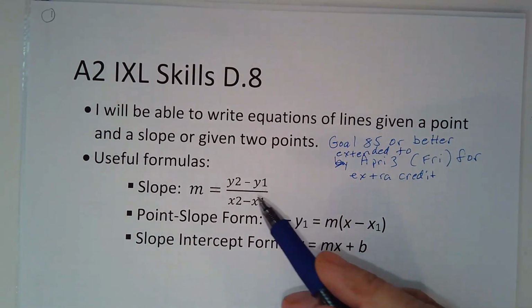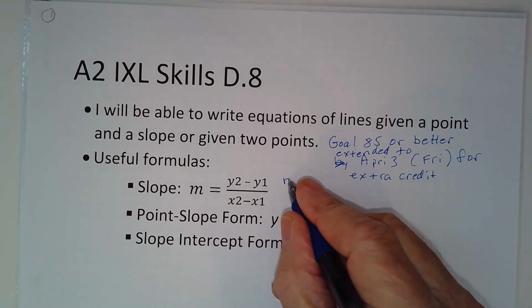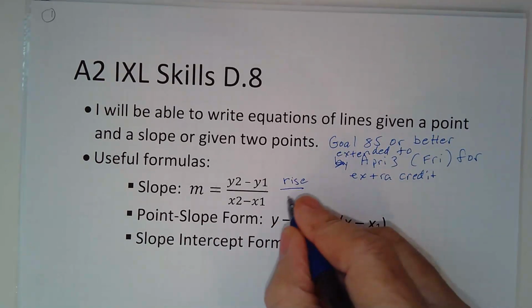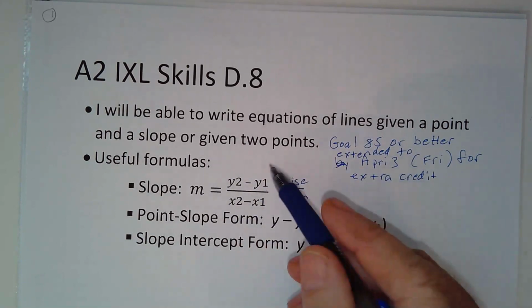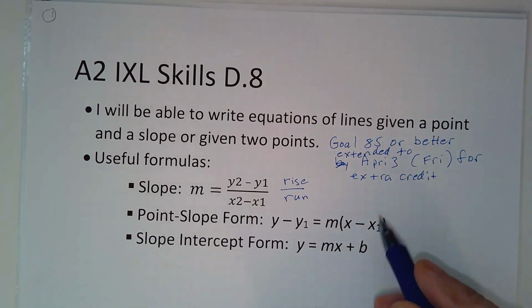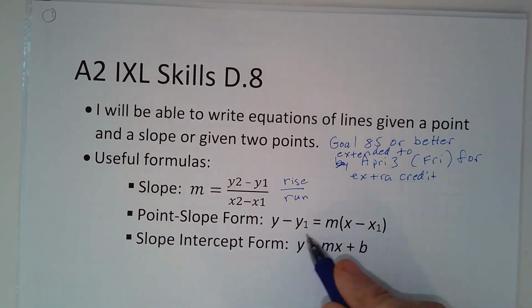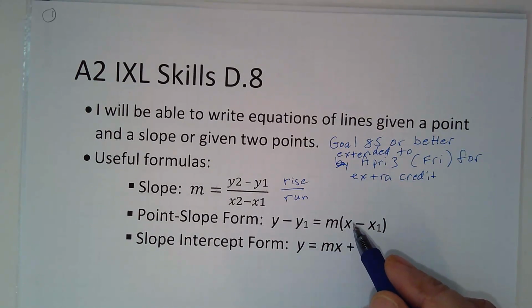All right, so we're going to be using the slope formula, and if you remember, the slope formula is rise over run. And then since we're also going to be finding a point, we've got an x1 and a y1 coordinate here. And so this is the point-slope form, which is what we're going to be working with today.